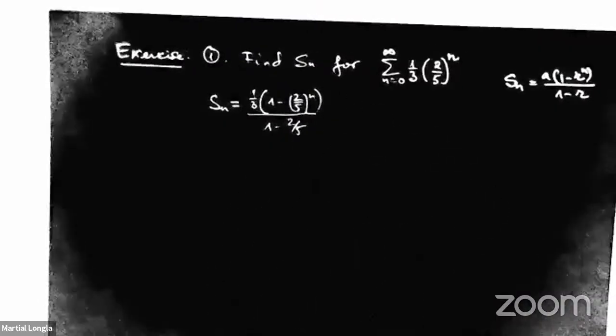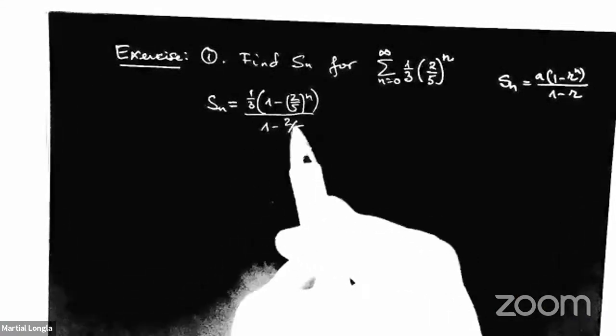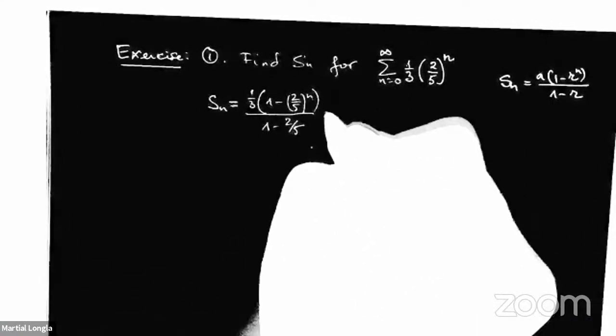Would it be 1/3 times (1 minus (2/5) to the power n) over (1 minus 2/5)? That's it. And now you do 1 minus 2/5, that's 3/5. So this gives you 5/9 times (1 minus (2/5) to the power n).